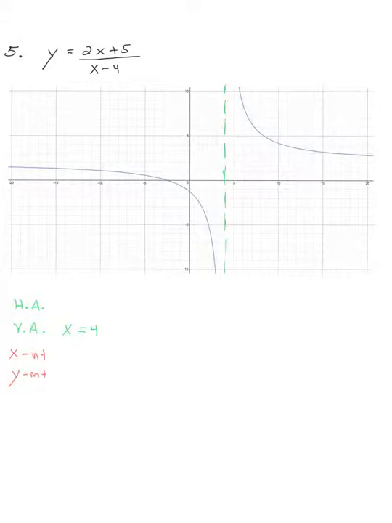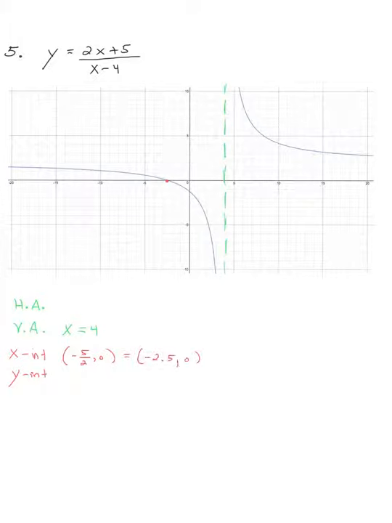All right, my x-intercept, I can see that it's located right here, something between -2 and -3. But if I look at the numerator, the place where this is equal to 0 is going to be -5/2, which is -2.5. So I know that my x-intercept is (-2.5, 0).